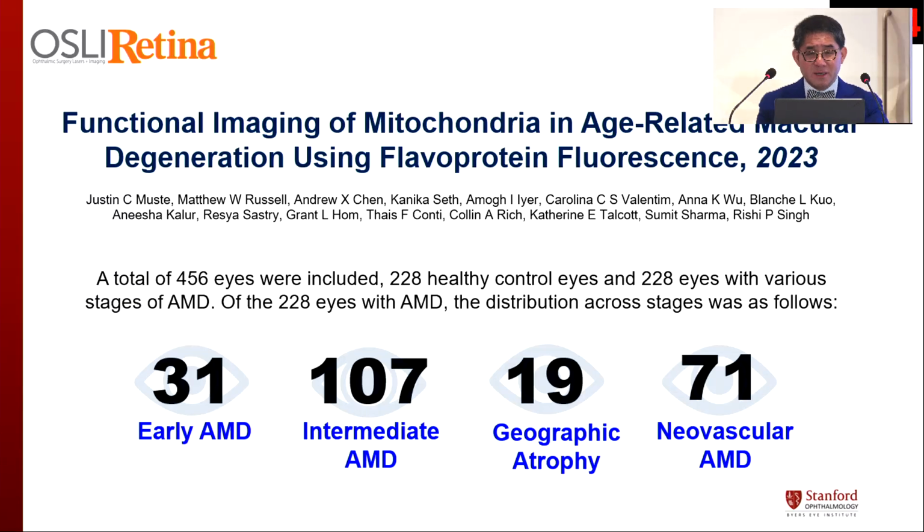This is a recent study that looked at over 450 eyes, all with different stages of macular degeneration, from early to intermediate to geographic atrophy to neovascular AMD, compared with healthy controls. This particular study looked at the appearance on FPF for neovascular AMD, GA, and the other stages.